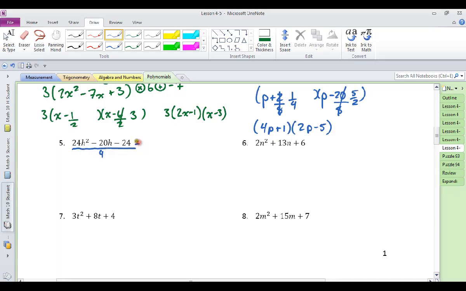So can I rewrite this as 4(6h squared minus 5h minus 6)? I don't really understand how to get out of the bracket. We divided everything by 4. Now, if I distribute that back in, we get this, don't we? Yeah. So that's how it gets out of the bracket. We divided it out. Are you really okay?